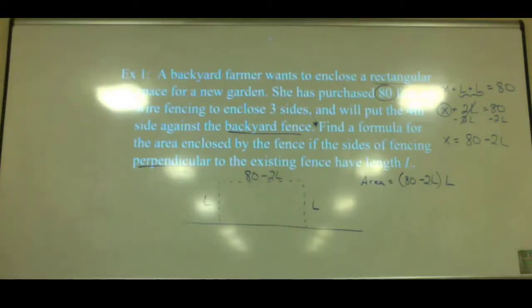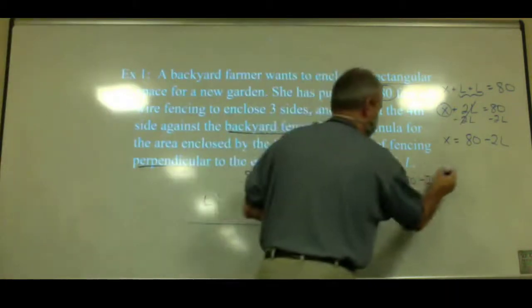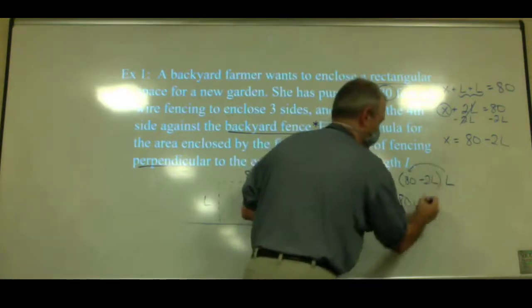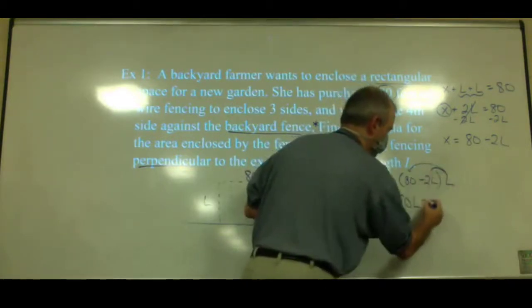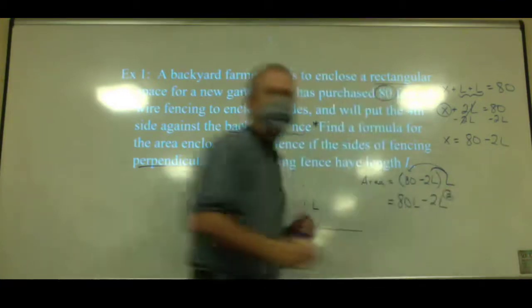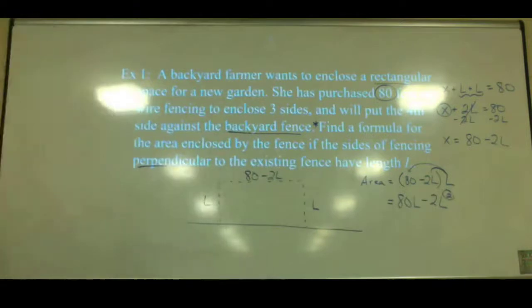Okay. Now, the way this becomes quadratic is we distribute the L. So L times 80 is 80L. And then L times minus 2L is minus 2L squared. So do we see that we get that quadratic now? It's a degree of 2.